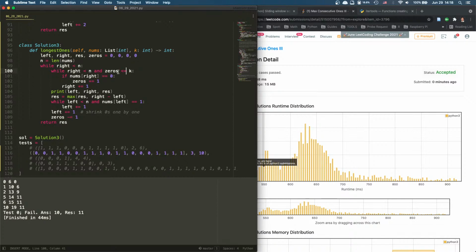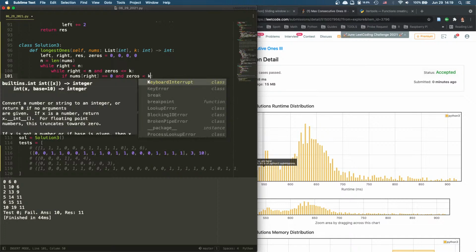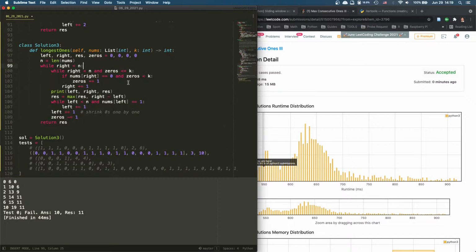So if 0 is k, I want to keep going until we hit another 0. So I'm going to say if none_right equals 0 and 0 is smaller than k, then we do this. Huh?